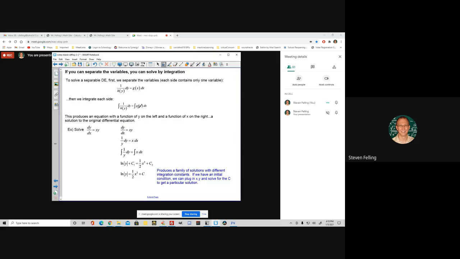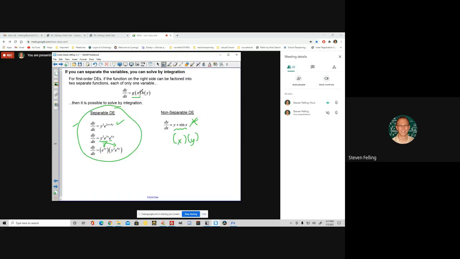All right, so let's take an example. What we would do if we are able to separate this, where the right-hand side is a g function that's a function of x times an h function that's a function of y, is we just take this and divide both sides by the h and multiply both sides by dx, so that we get 1 over h times dy equals g of x times dx.